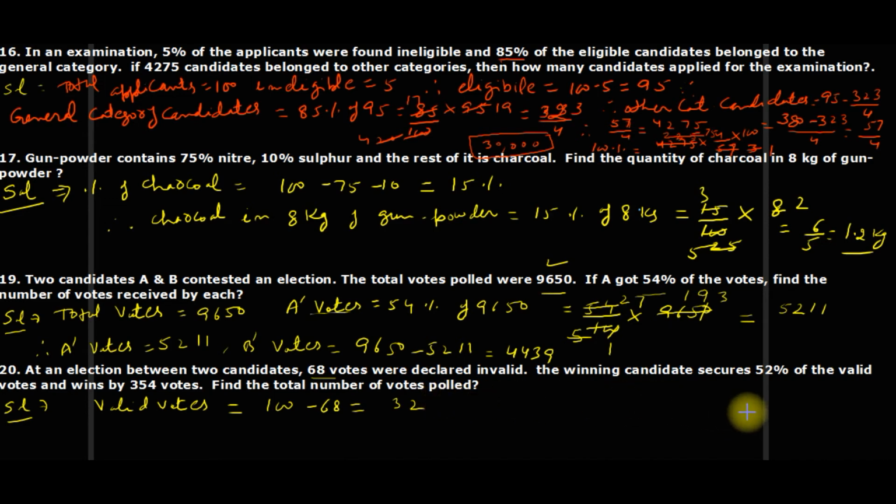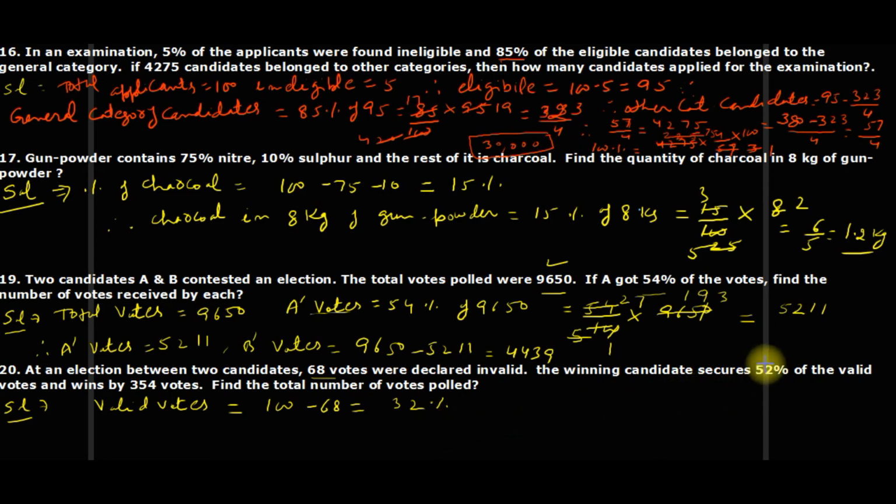Now winning candidates secured 52% of the valid votes. Now this would become 32%.